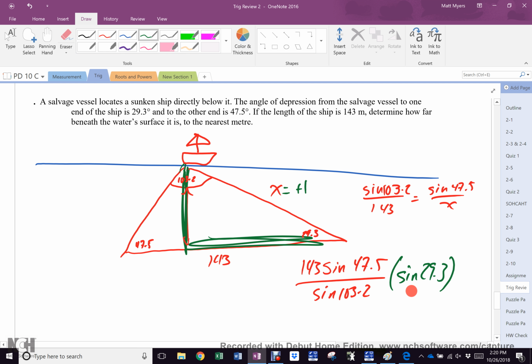And the answer is 143 times sine 47.5 times sine 29.3 divided by sine 103.2, 53. That is out of 5.